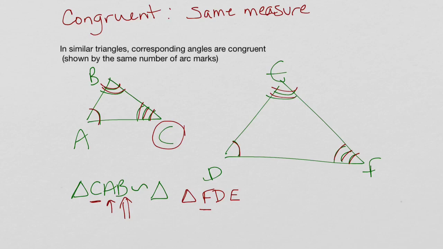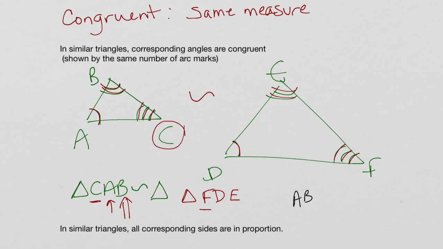Another important aspect of similar triangles, and remember these two triangles are similar: not only are all the corresponding angles congruent, but all the corresponding sides are in proportion. Let me write that. In similar triangles, all the corresponding sides are in proportion. So what do I mean by that? I mean that if I take side AB, and notice that that's the second and third letter, those must correspond to side DE.